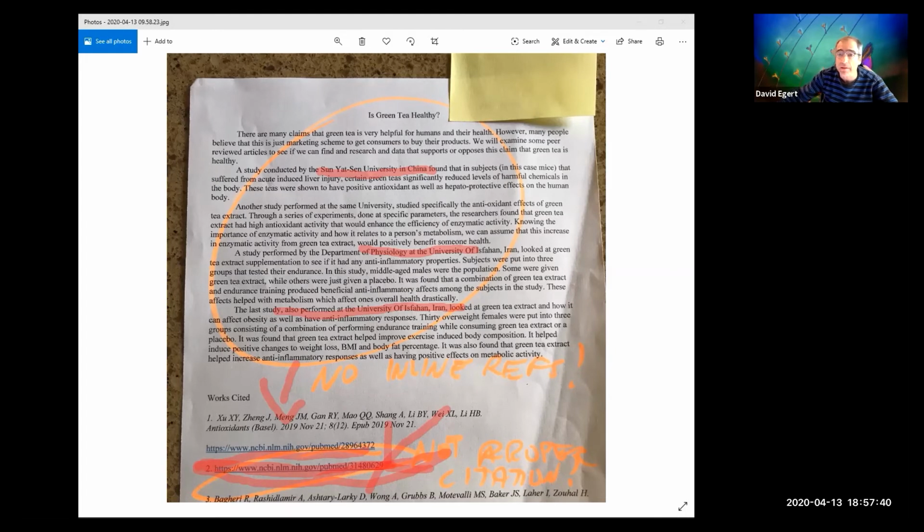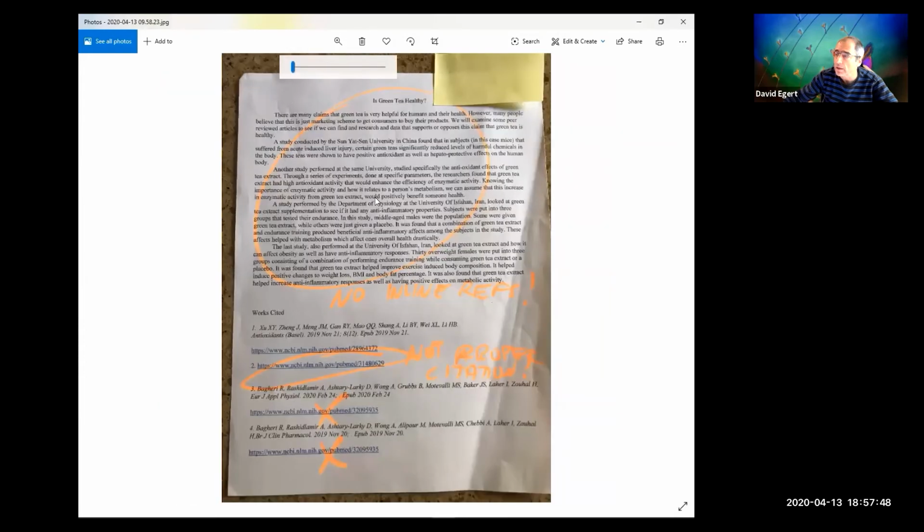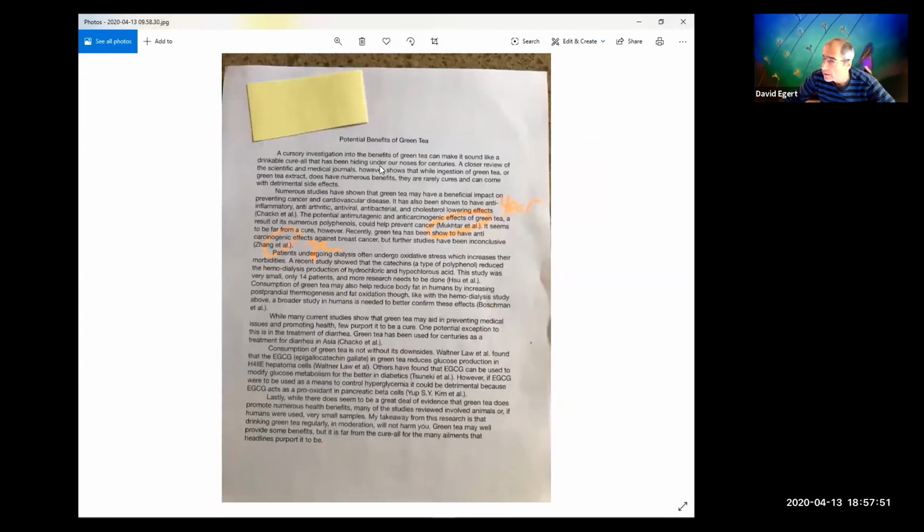Let's continue going on. Again, the problem with this one is they just don't have the year. Overall, this is looking good, right?